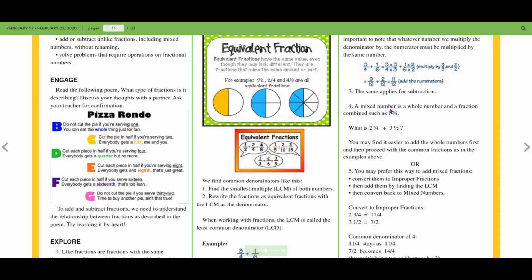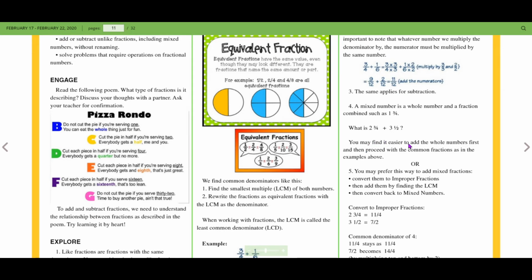4. A mixed number is a whole number and a fraction combined, such as 1 3/4. So we have 1 whole plus 3 out of 4 pieces. So what is 2 3/4 plus 3 1/2?